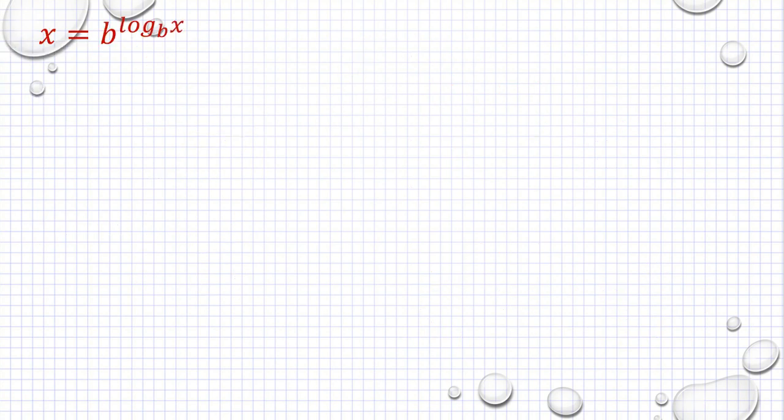So to show you how to prove this, we need to remind ourselves about the function b raised to x and the inverse function, that is logarithm of x with a base b.